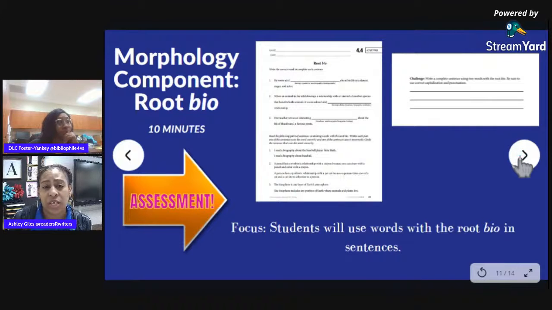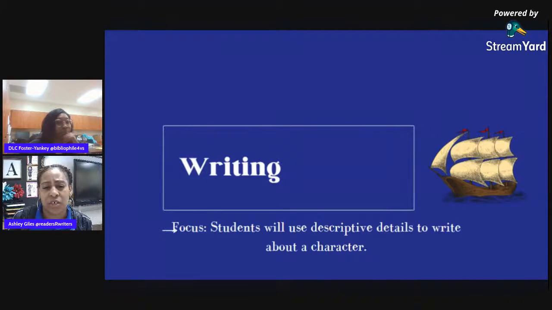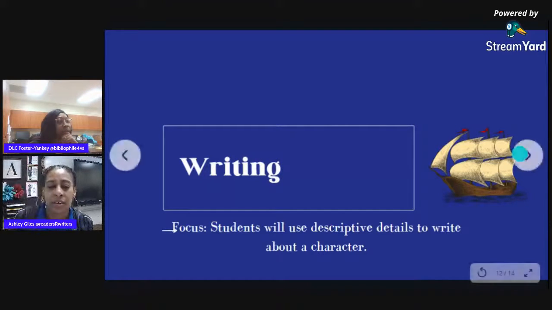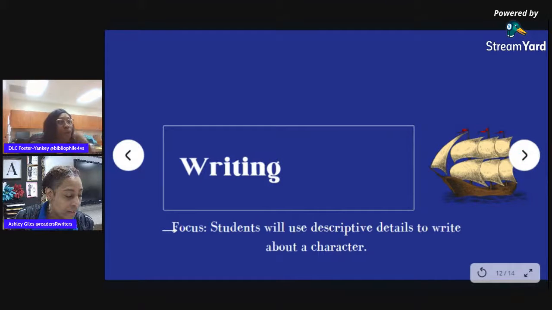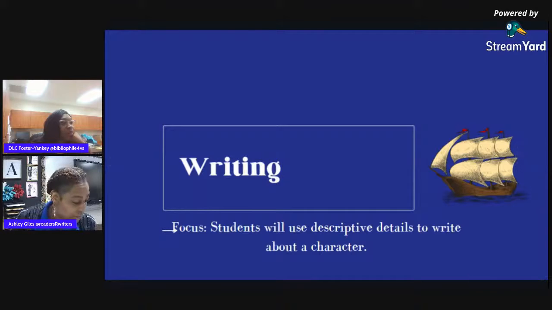So our final section or component of this lesson is your writing component, where students will use descriptive details to write about a character. Remember, they've talked about the setting in their stories. They've discussed the characters, right? They've sketched the character.